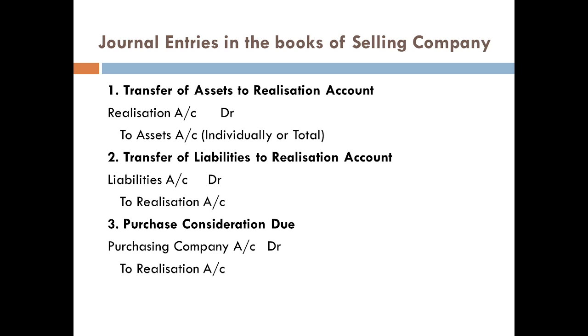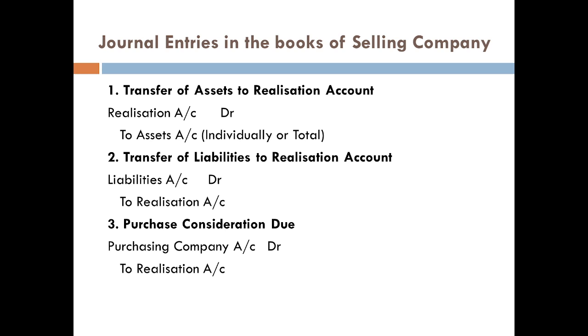The first and foremost journal entry is to transfer the assets of the selling company to an account from where it will be much easier to record transactions. So what we do, we create an account called realization account, as we studied in partnership business.